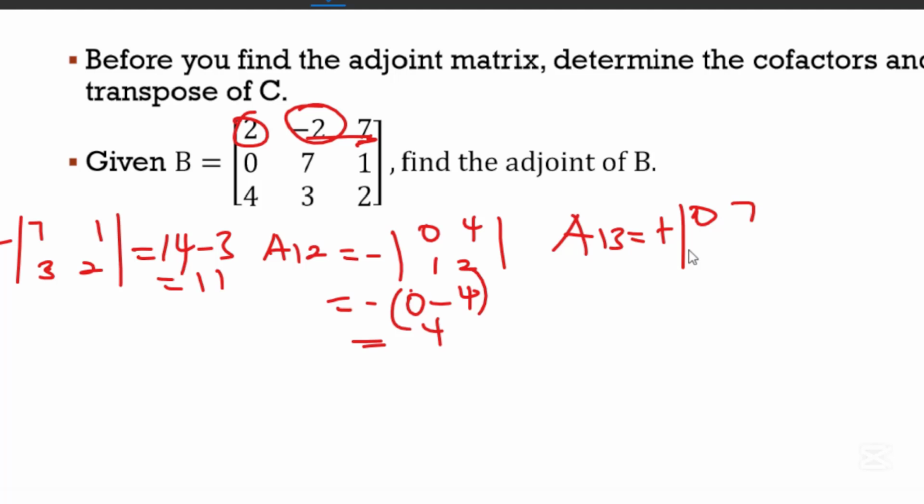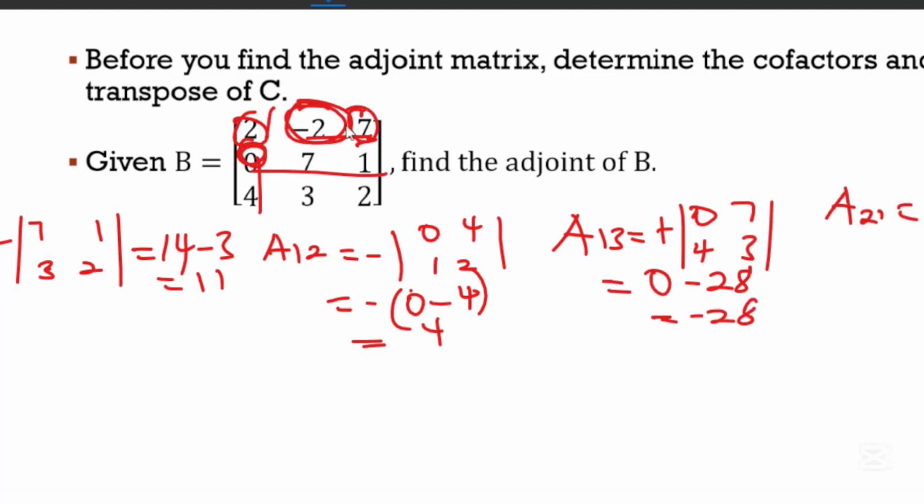Great. Now let's find A21. Now we are here. So we delete all elements here in this row and column, and we are left with -2, 7, 3, 2. Now let's find the determinant.